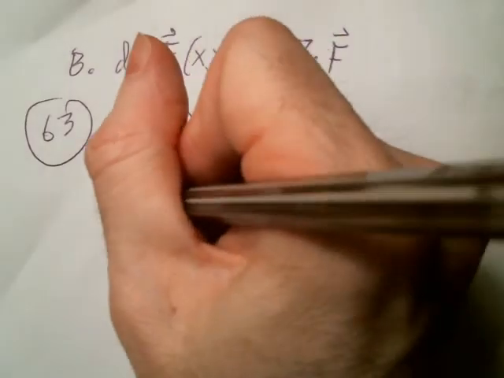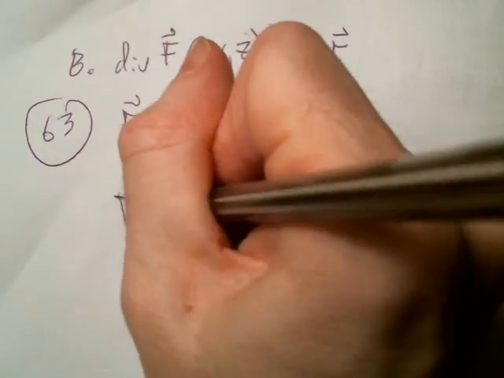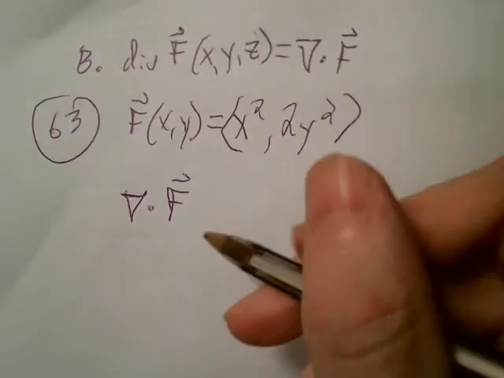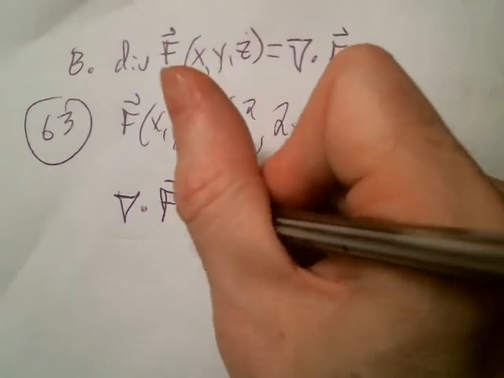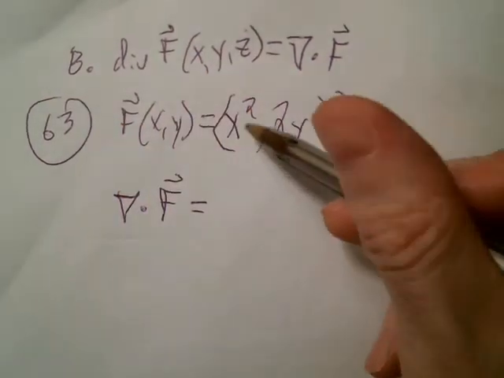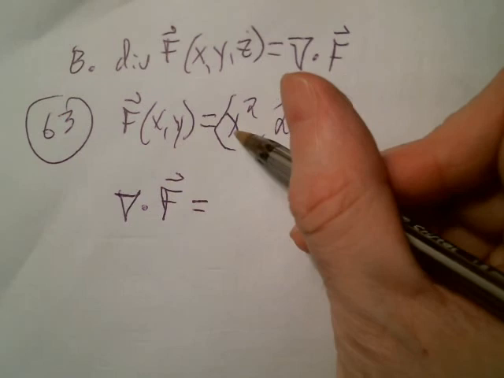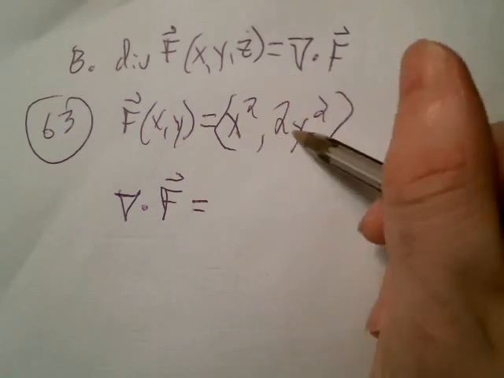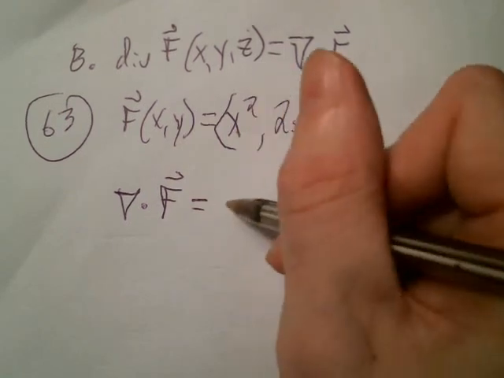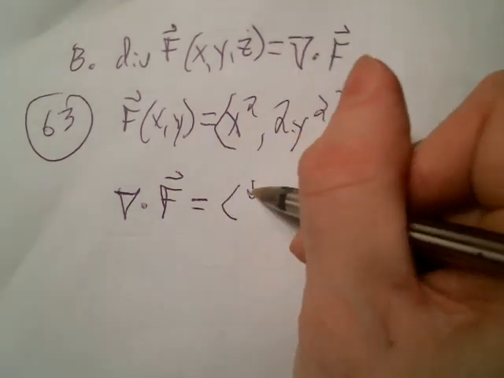Okay, so how do I do this? The notation is gradient dotted with F, the gradient symbol dotted with F, but what you're doing is going to take the partial of this and then add in the partial of this. So you want to think of it like this.